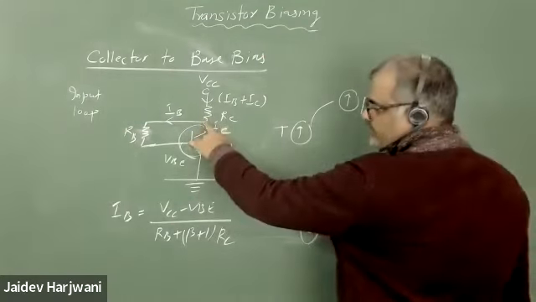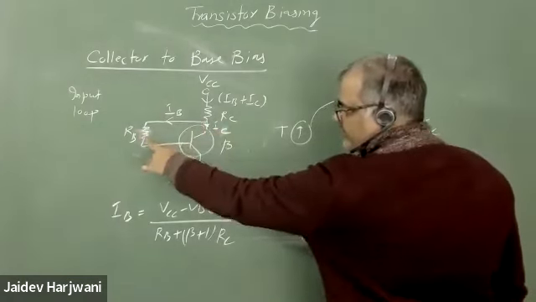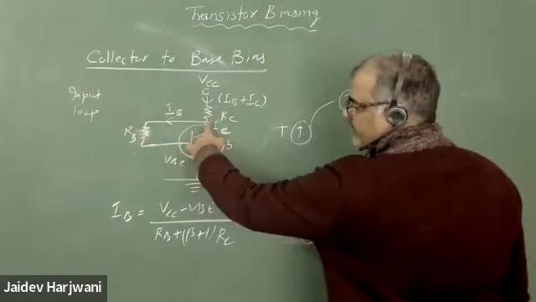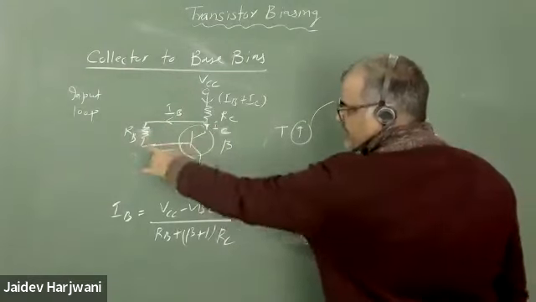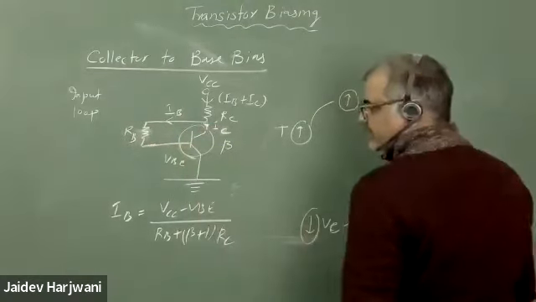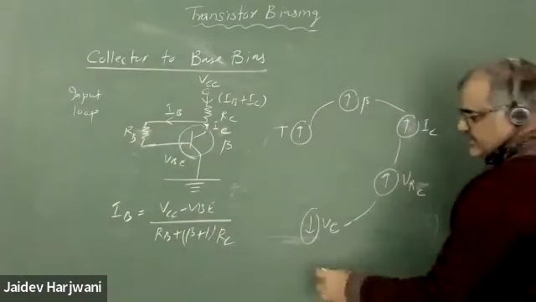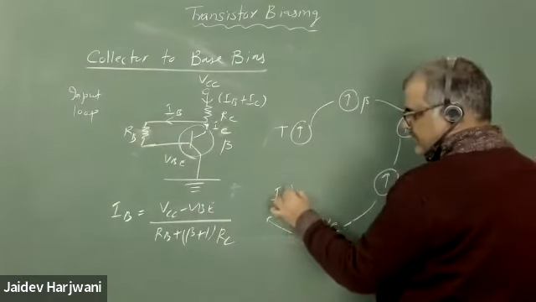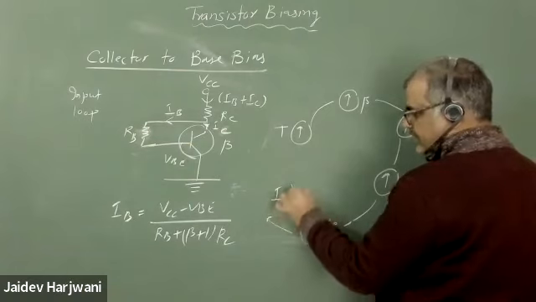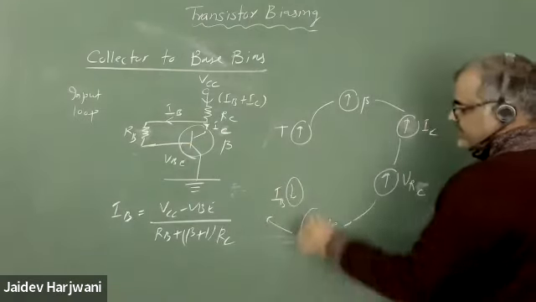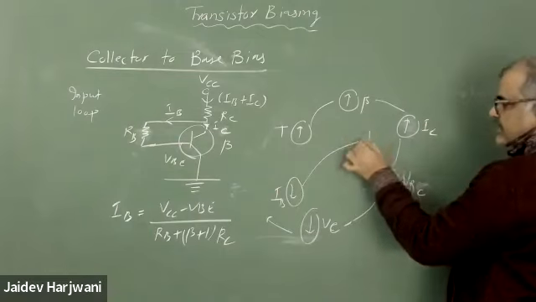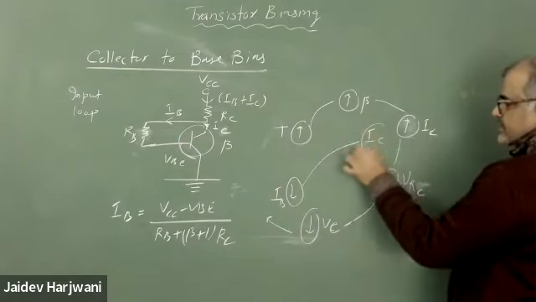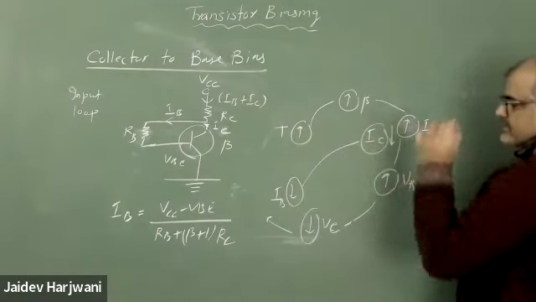If the voltage at this point decreases, obviously your IB will decrease, because IB is the difference of this and this voltage. So when VC decreases, automatically your IB decreases. Once IB decreases, automatically your IC decreases.